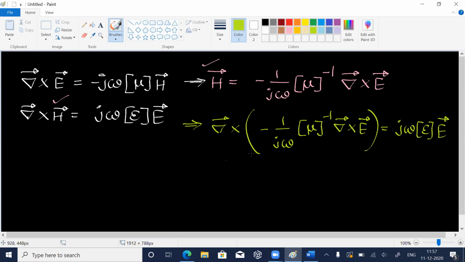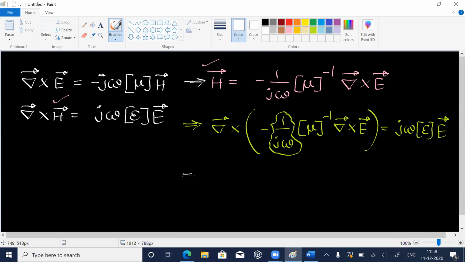Anyway, this last equation is simplified. Because is 1 by j omega varying in space? Is 1 by j omega a space variable? No, sir. So it's a constant, so I can happily bring it to the right hand side.